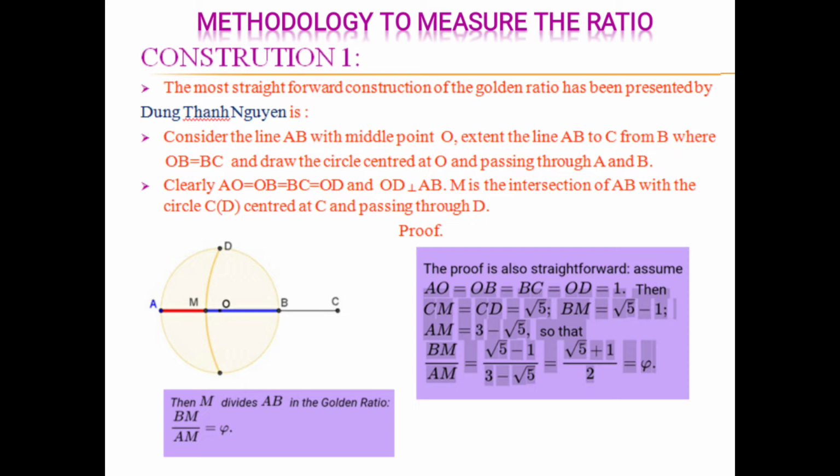The most straightforward construction of the golden ratio has been presented by Guion.